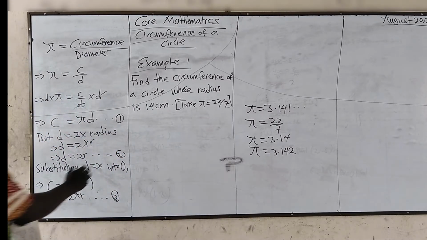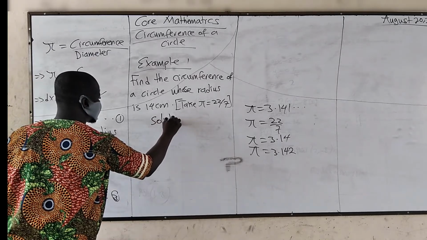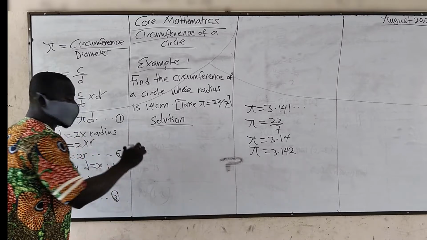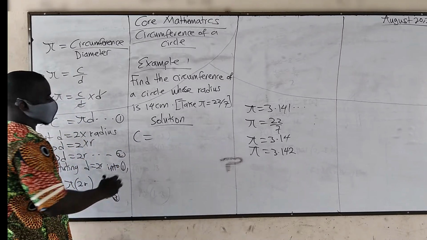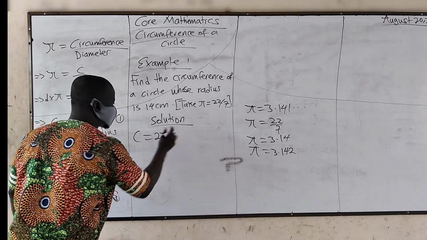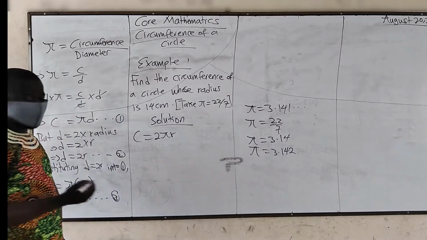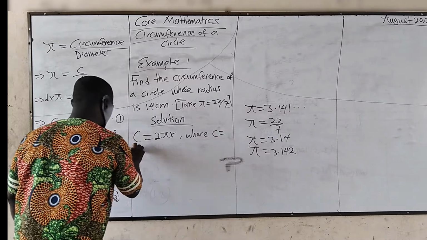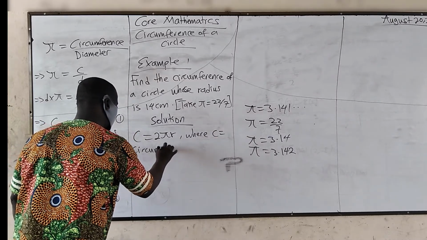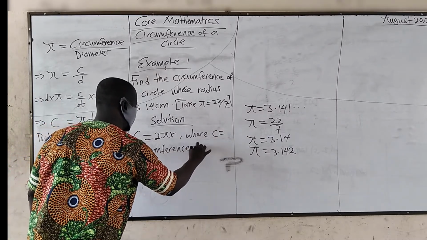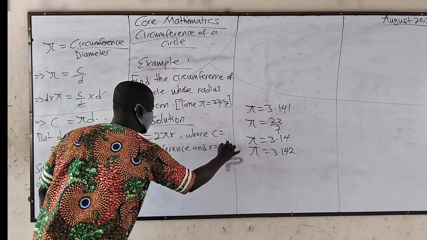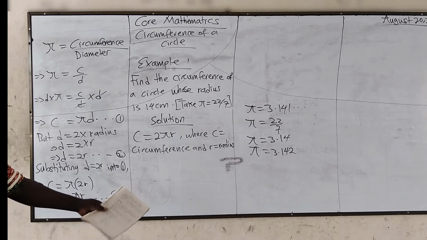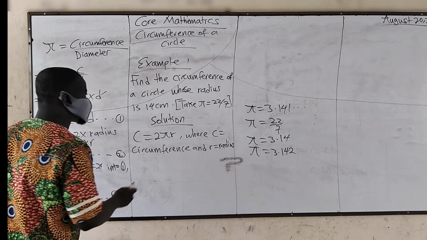Okay, solution. We are aware that C is equal to 2 pi r, where C is the circumference and r is the radius. So now what do we have?